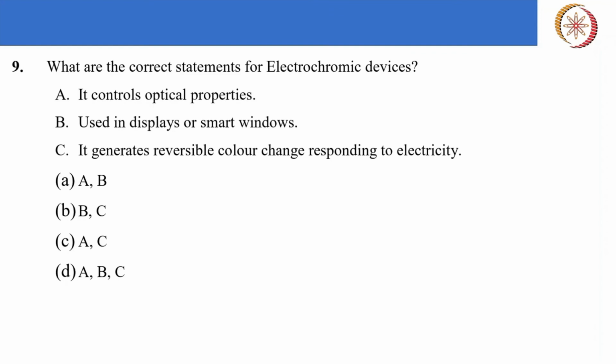It controls optical properties such as optical transmission, absorption, and reflectance or emittance in a continual but reversible manner on application of voltage. So the answer is D. All the above statements are correct, because it is electrochromic: due to electron transfer, the color change is observed. So the answer is D.